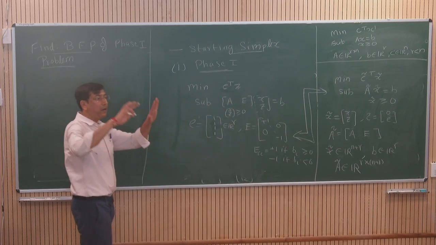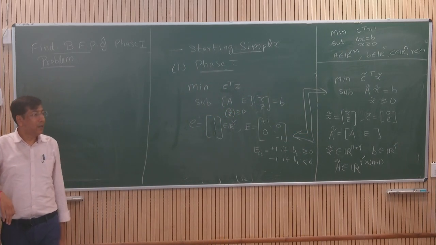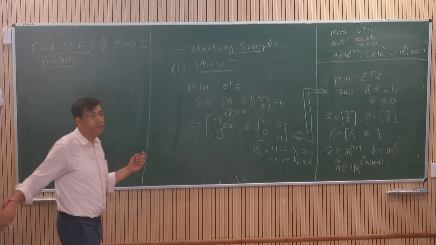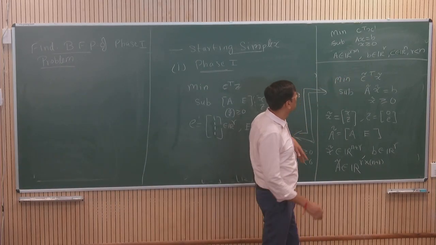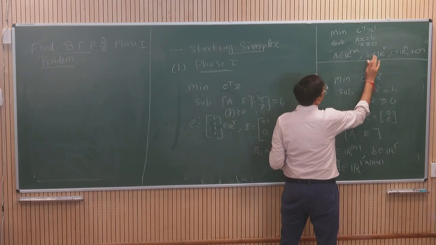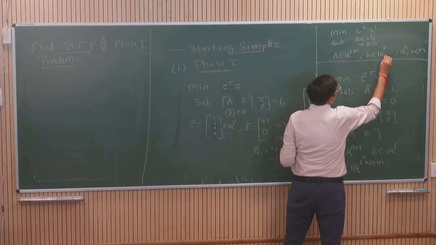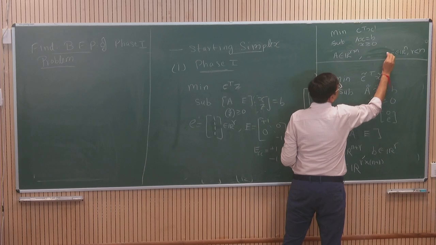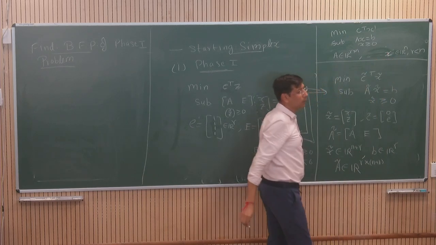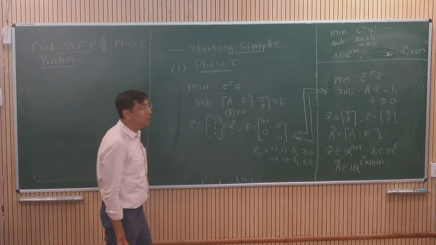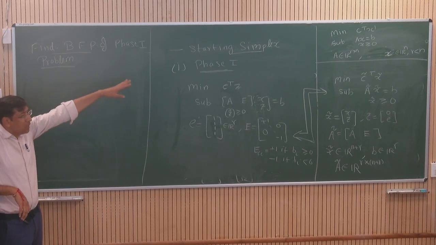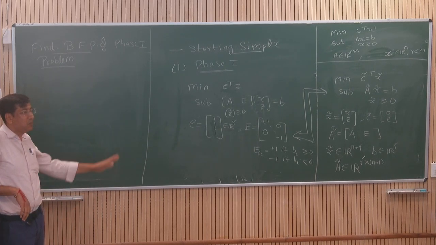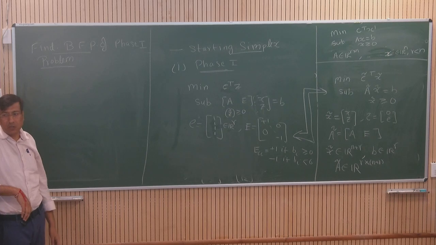So the total index set you have is n plus r instead of n earlier. X was earlier n dimensional, now the x tilde is n plus r. B and C you can figure out from that. You can match. B is r dimensional, C is n dimensional.